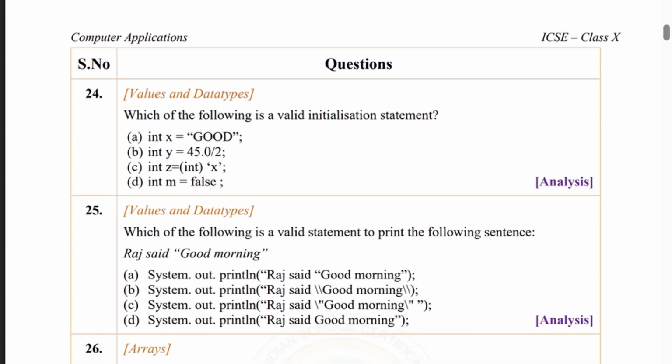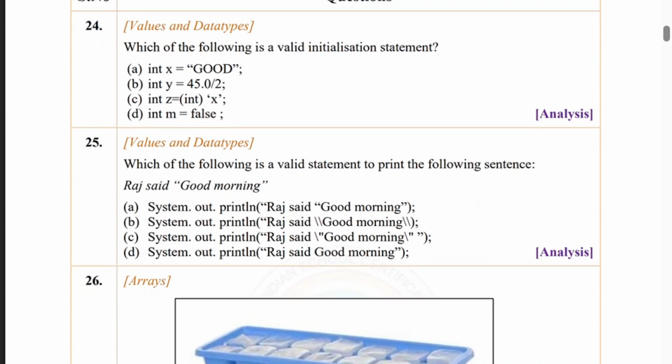Then 24. Which of the following is a valid initialization statement? Valid initialization. Here int x is given with a string, initializing a string to an int data type. So this is wrong. Int y is given with a double value assigned to an integer data type.